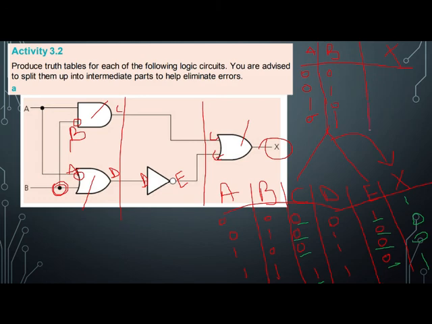Okay, what you will get, this is basically an OR gate, you will write the answer 1, 0, 0 and then 1. Okay, that's how you can produce the truth table.